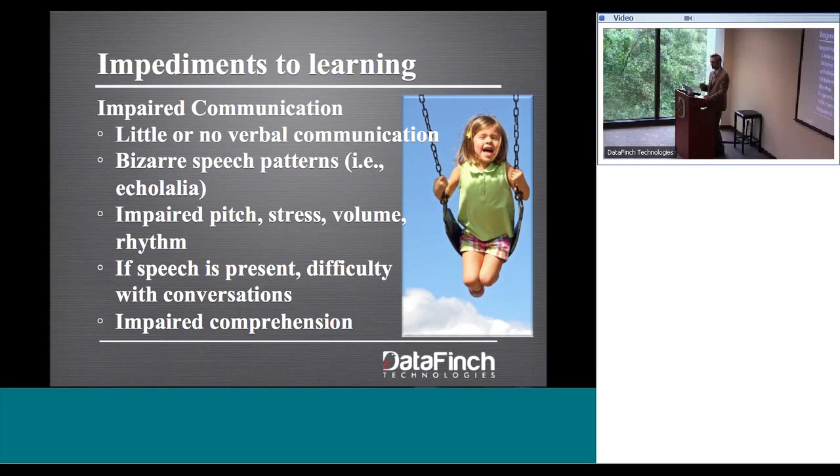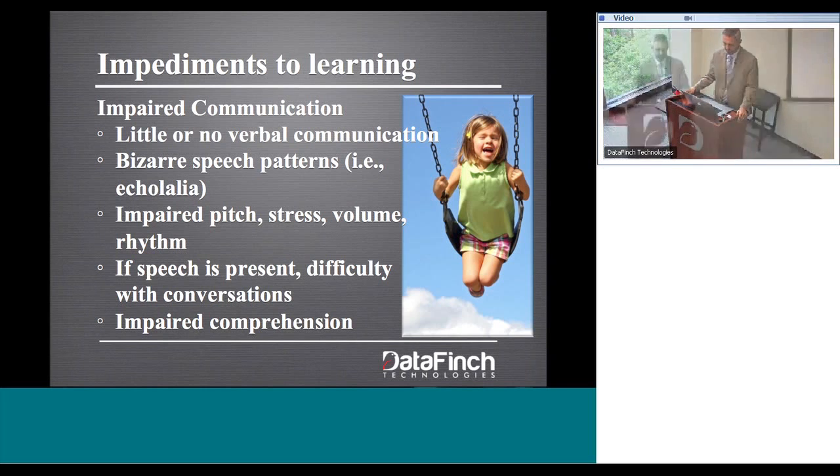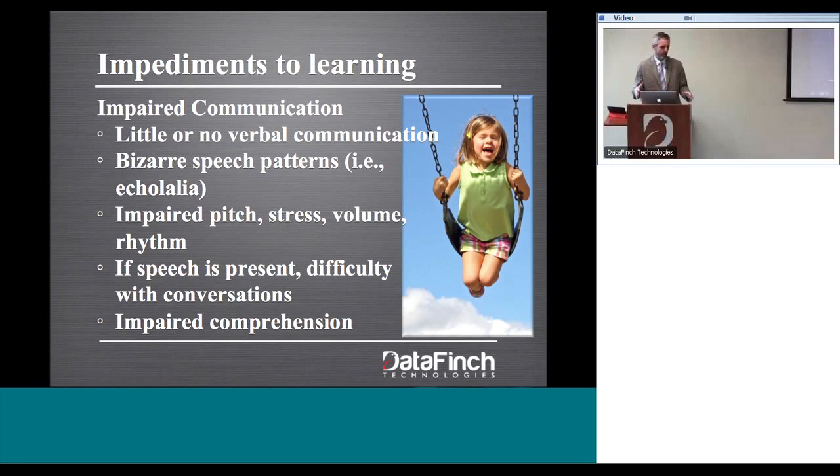So for example, if I said, oh, this segment is today, that means something different than if I say, oh, this segment is today, right? And most of you understand that, but it's difficult for kids with autism to understand that prosody has meaning. I can tell you in a moment of self-deprecation that I try to communicate meaning to my children with volume, and they don't have autism, but it doesn't work very well with them either.